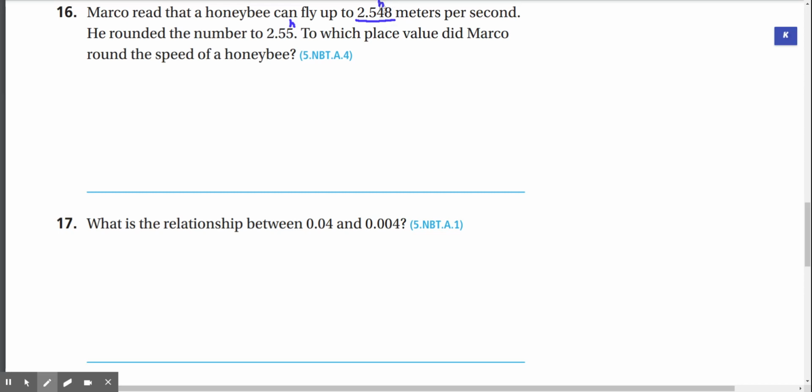If we were to round to the hundredths place, we'd have to look at the thousandths place, which is 8. And we know that 8 is greater than 5. So this hundredths place would round up to 2.55. So the place value Marco rounded to is the hundredths place. What is the relationship between 0.04 and 0.004?